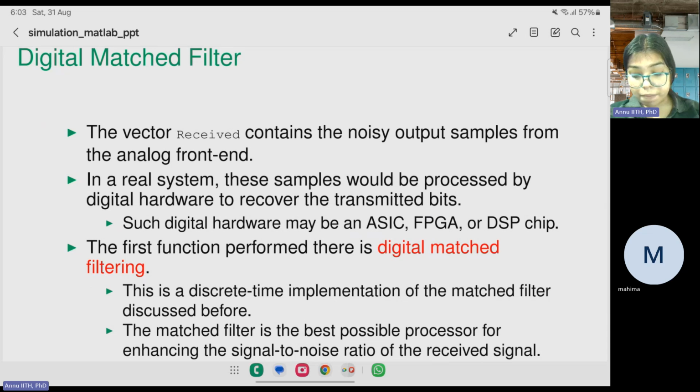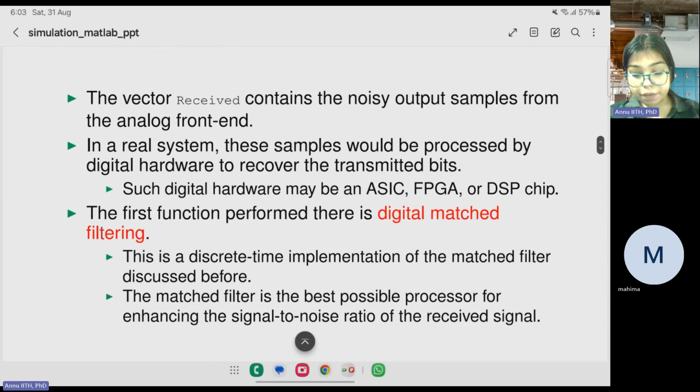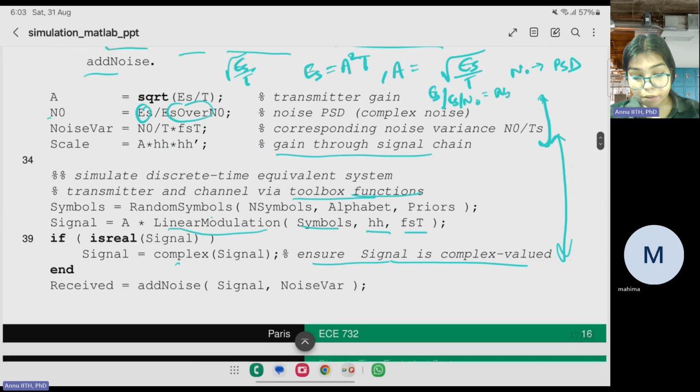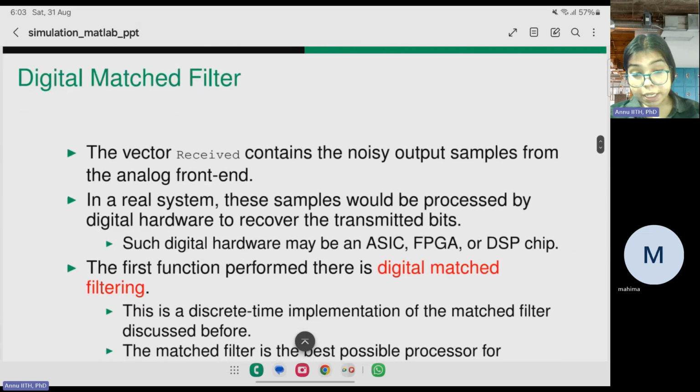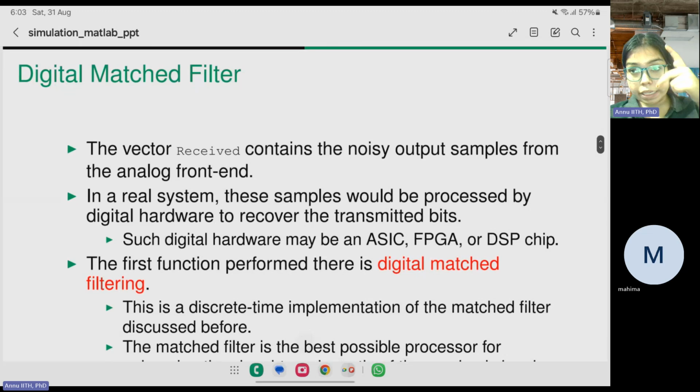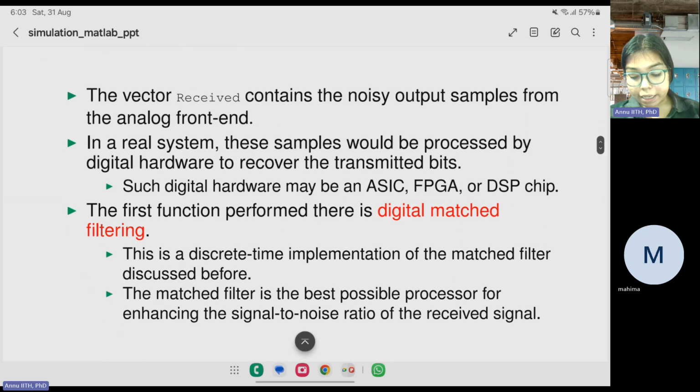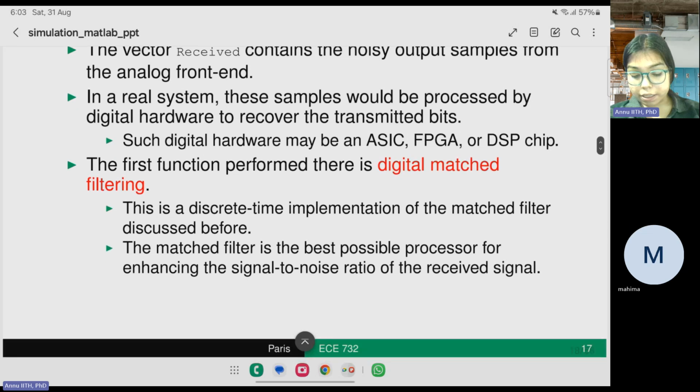Such digital hardware may be an ASIC, FPGA, or DSP chip. The first function performed there is actually digital matched filtering. So we also have to see how digital matched filtering is happening, because the filter must match the frequency of the input. And this is a discrete time implementation of the matched filter discussed before.